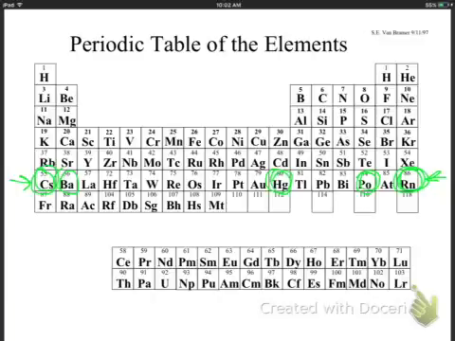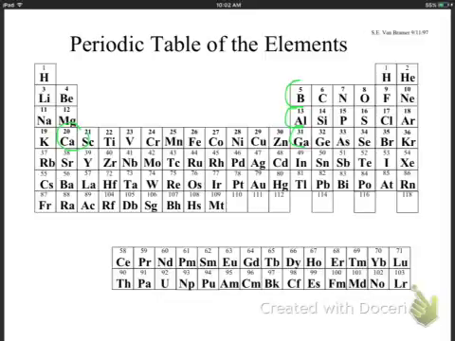Okay? The last one is the one with the trick in it. You are given boron, aluminum, gallium, and then calcium. What? How can you compare things that aren't in the same group?